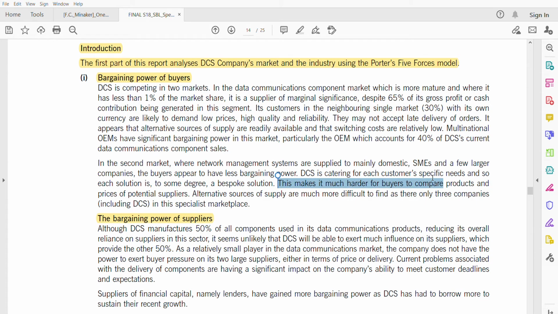In the first market you can compare easily because of low price and high volume, but here it is bespoke. It makes it harder for buyers to compare products and prices of potential suppliers. Alternative sources of supply are much more difficult to find as there are only 3 companies, including DCS, in the specialized marketplace. Where have they taken this information from? Exhibit 1.